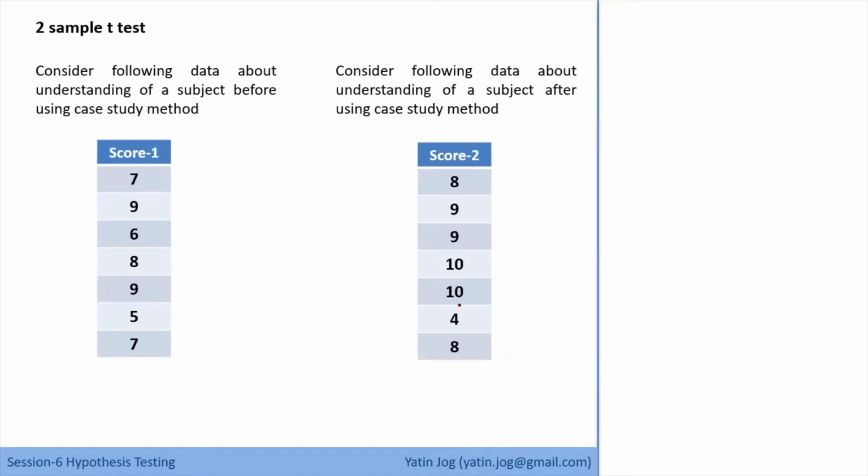After implementing the case study method, I have taken another exam, and these are the scores scored by the same set of students in the second exam. So this is a set of scores without the case study method, and this is a set of scores using the case study method, but the objects are the same. The same students have given both the exams.